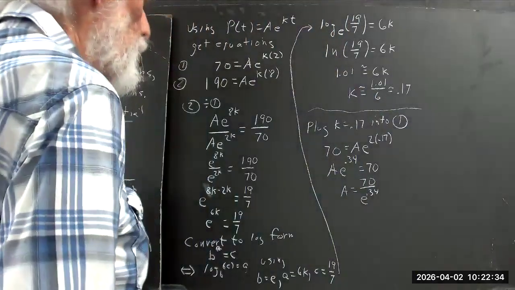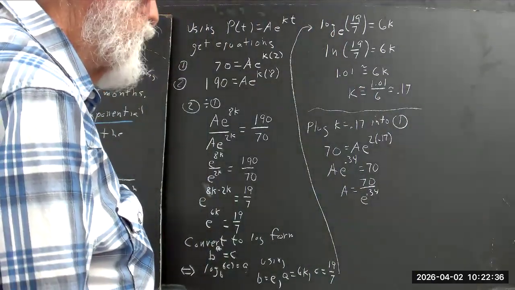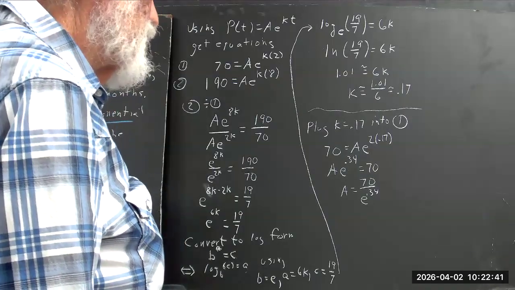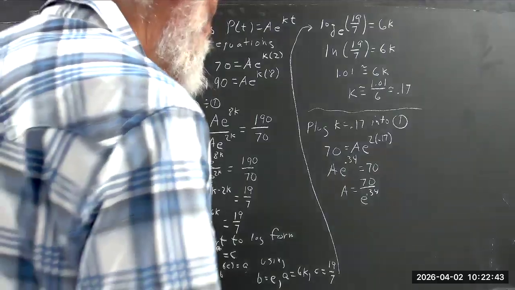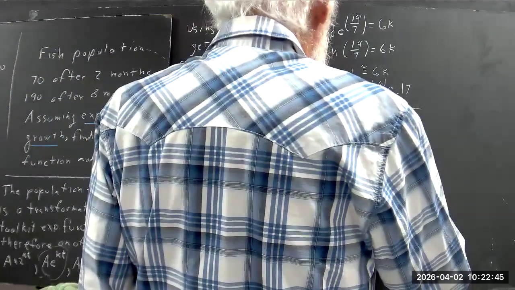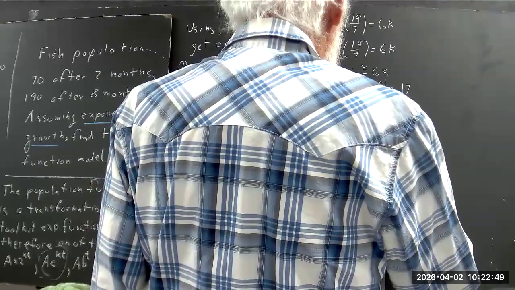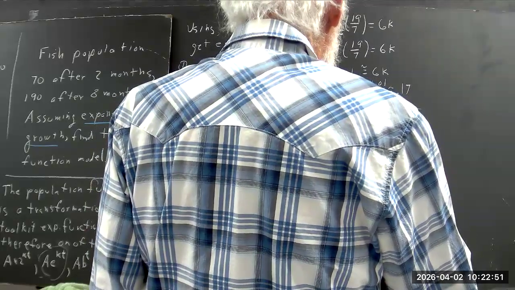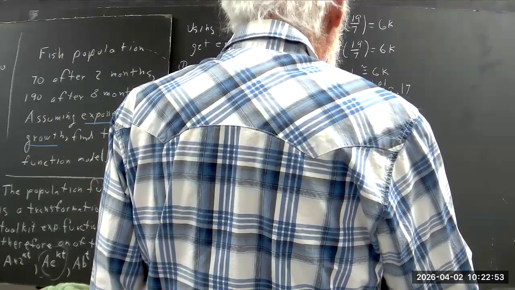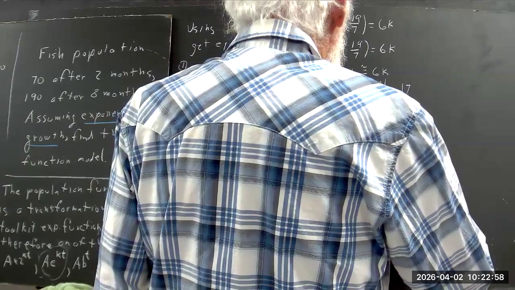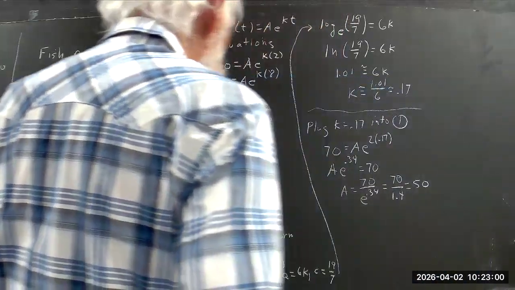Now my question is, what number would we cube to get about 2.7? We cube 1.4. 1.4 is pretty close. And that equals 50.